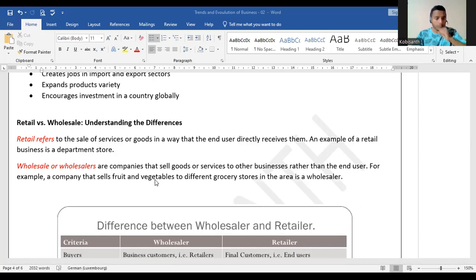You go to a supermarket, you buy products for your household purpose, then you are engaged in retail.